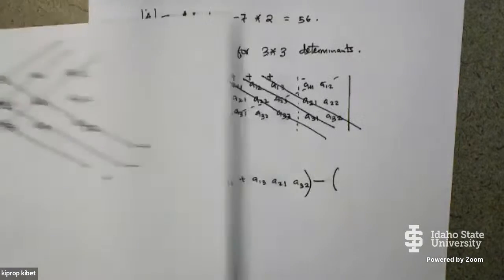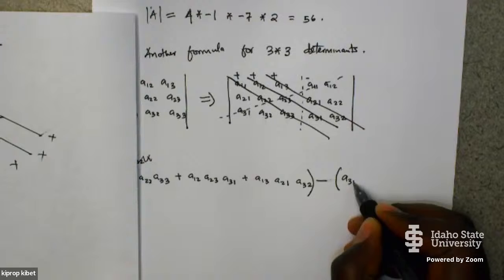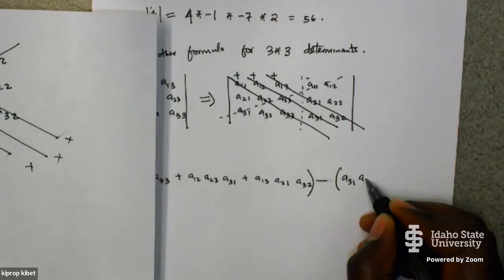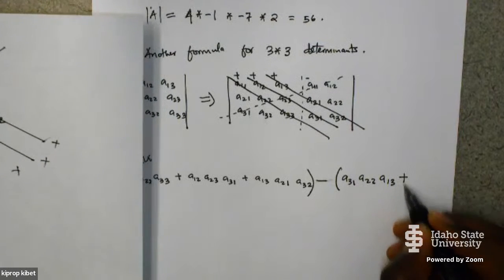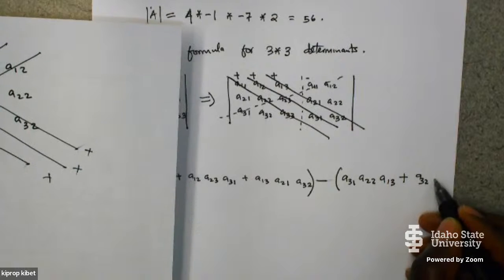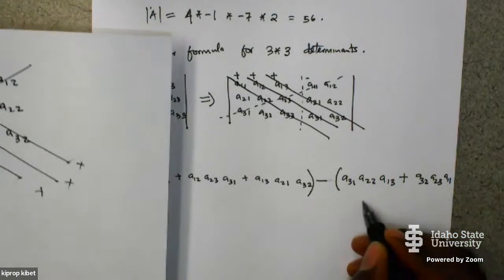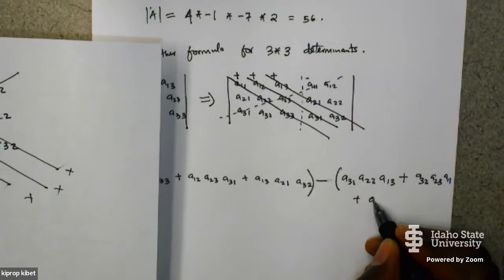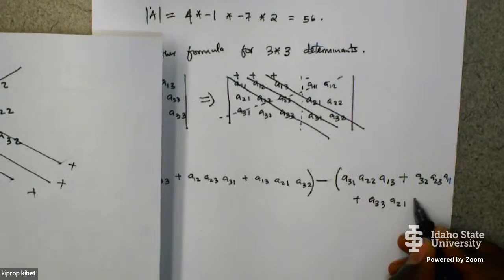So it will now be minus A31, A22, A13, plus A32, A23, A11, plus A33, A21, A12.